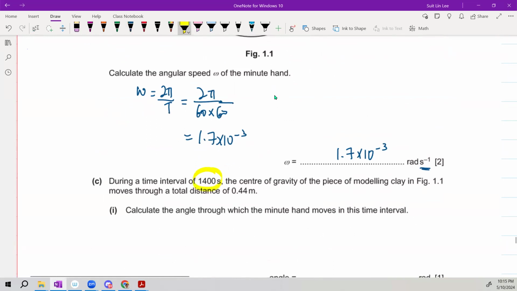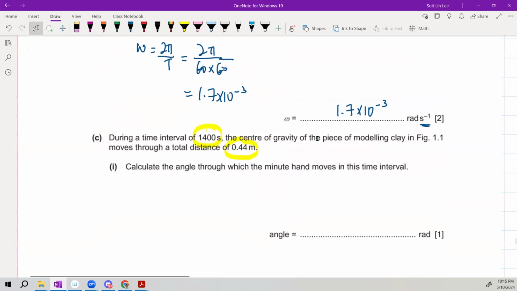During the time interval of 1,400 seconds, the center of gravity moved through a total distance of 0.44 meter. Calculate the angle through which the minute hand has moved in this time interval. So if you think about your minute hand, there's a piece of clay here, right?